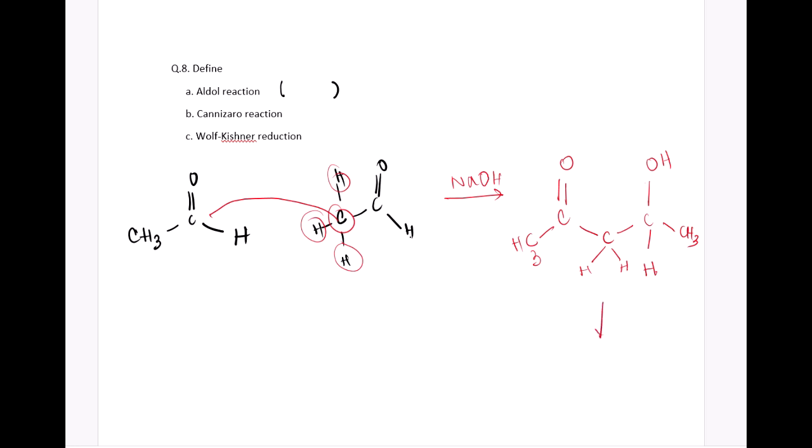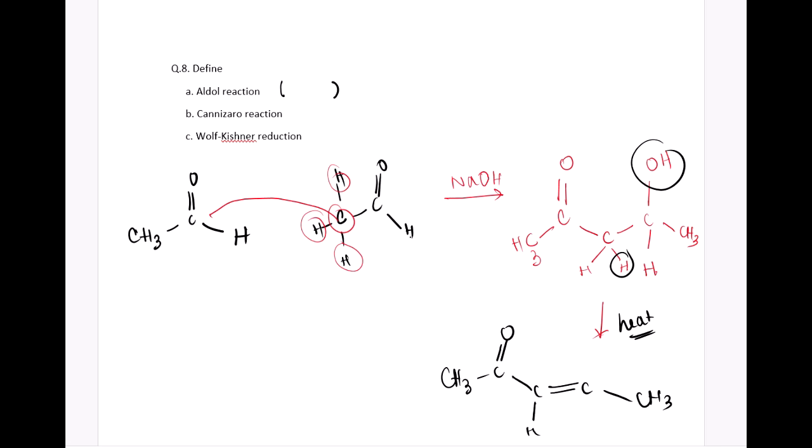This one is the aldol reaction. And if you want to extend this further, if we heat it, then this hydrogen and this OH group will go out, with the release of a water molecule, a double bond will form, and we will get this.